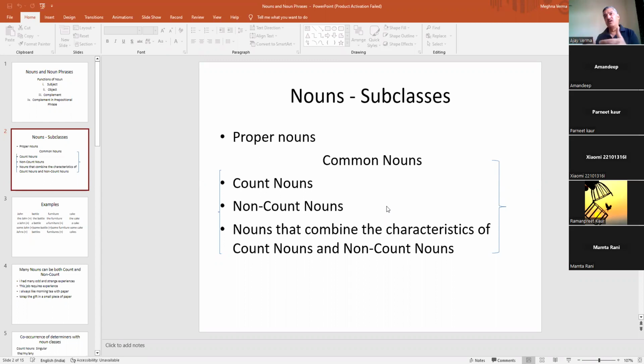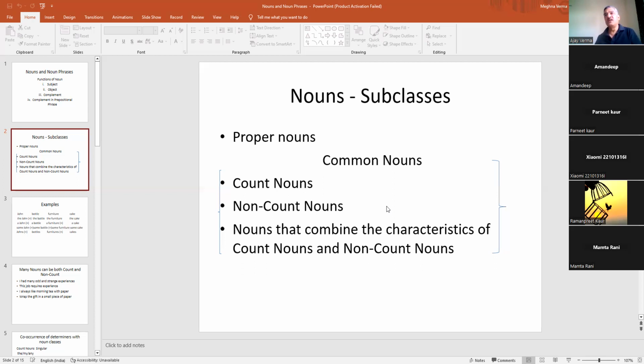These are all examples of countable nouns. On the other hand, we have a long list of nouns which are not countable. For instance, sky, ground, or furniture.